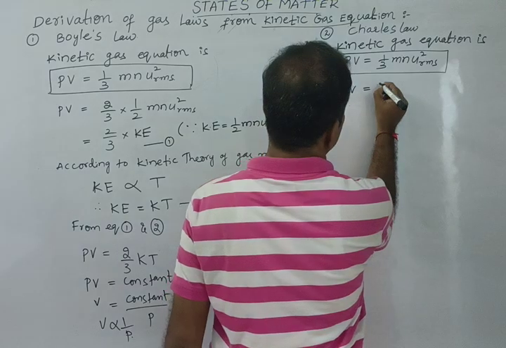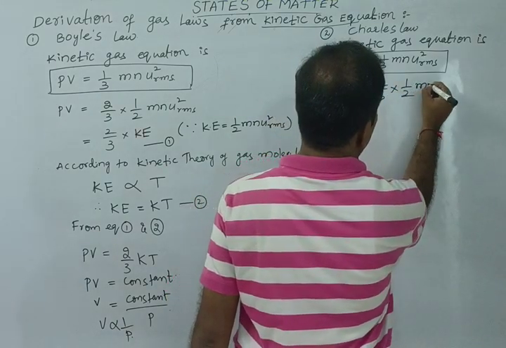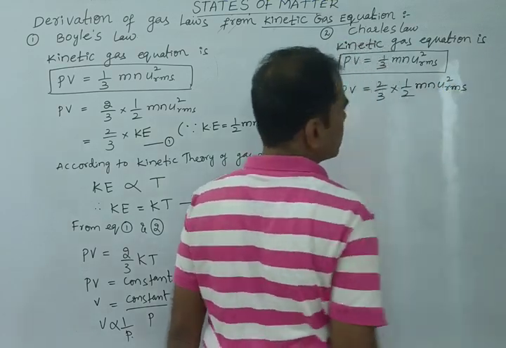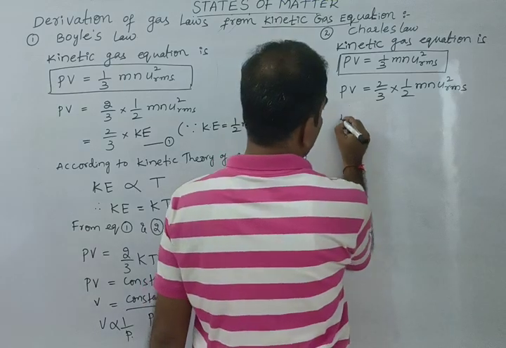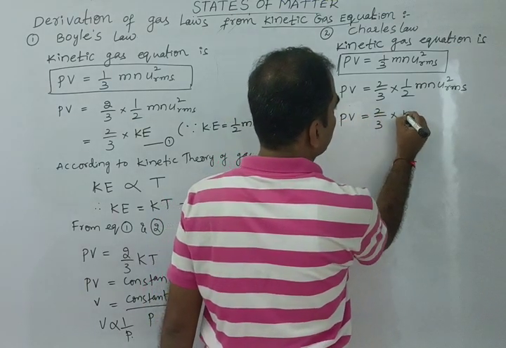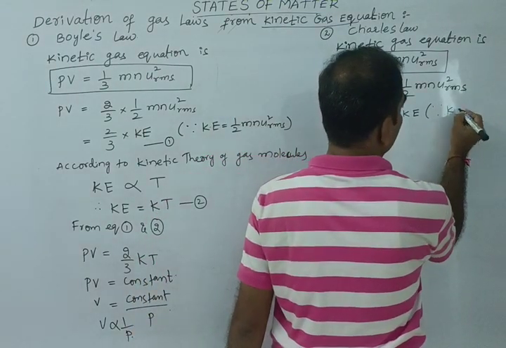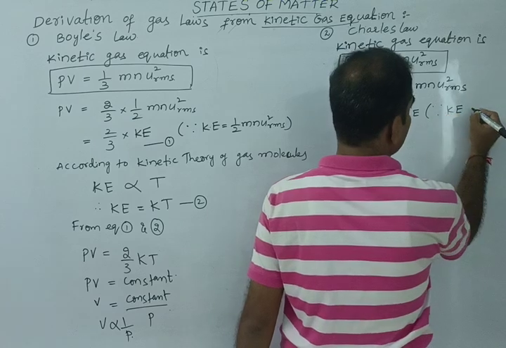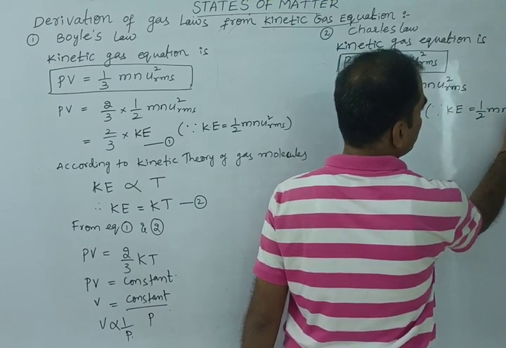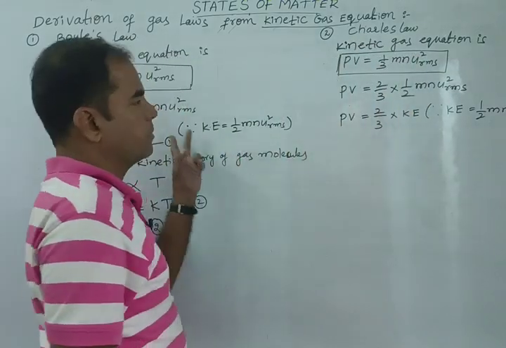So PV equals 2 by 3 into 1 by 2 mn u square RMS. Then PV equals 2 by 3 into KE, since KE equals 1 by 2 mn u square RMS. So these are the same steps.